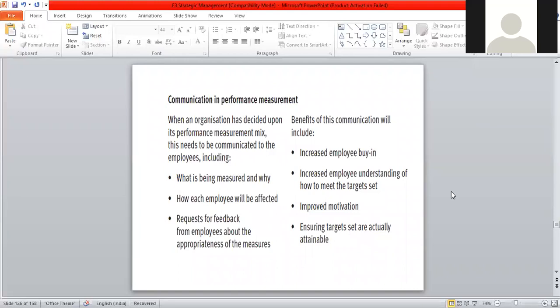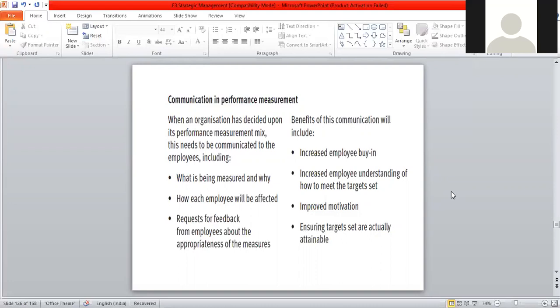They should understand how their performance is evaluated, and the feedback of the employees also should be collected. Request for feedback from employees about the appropriateness of the measures.